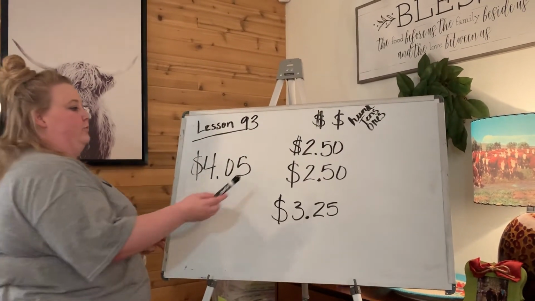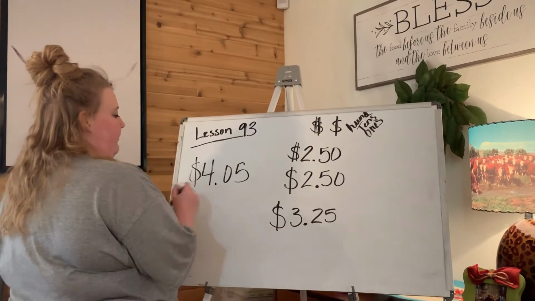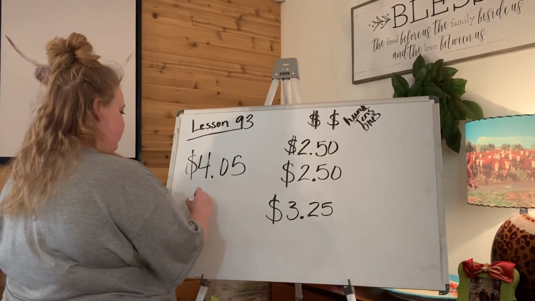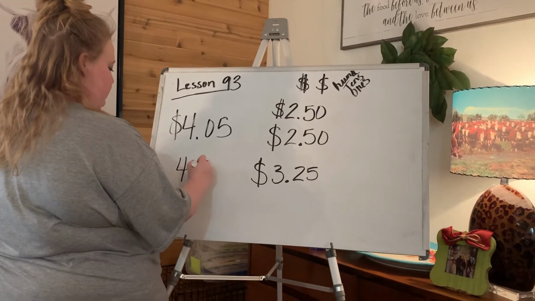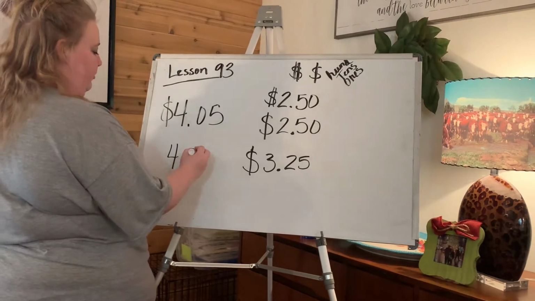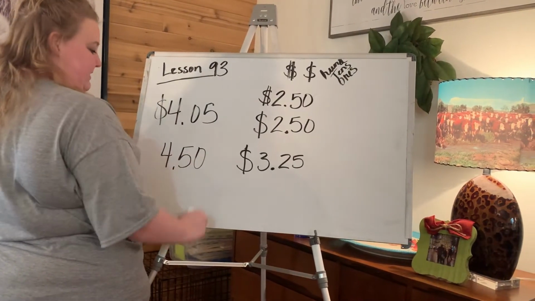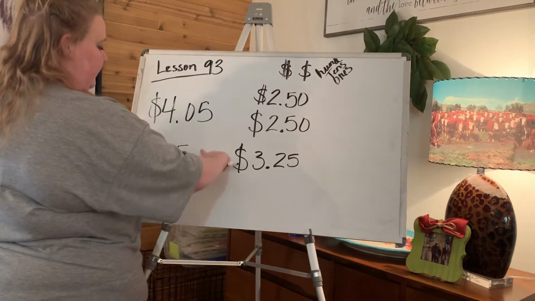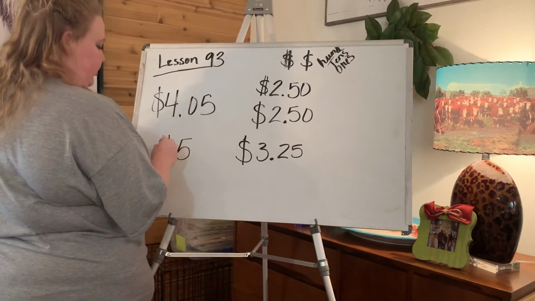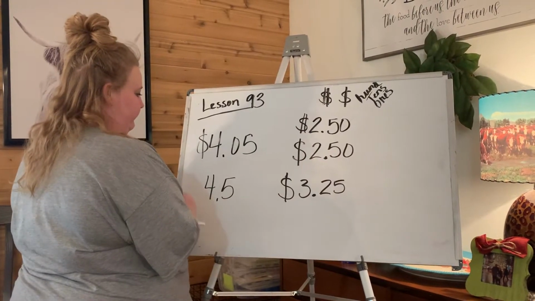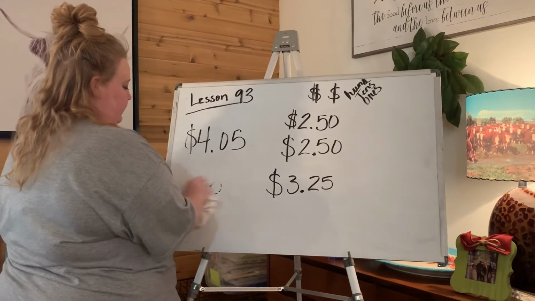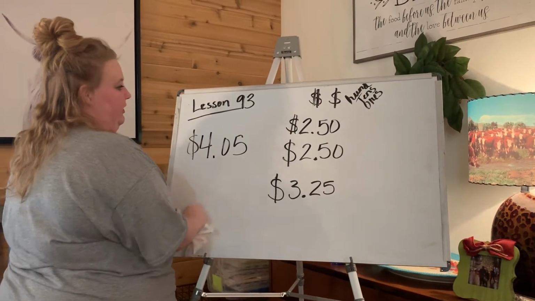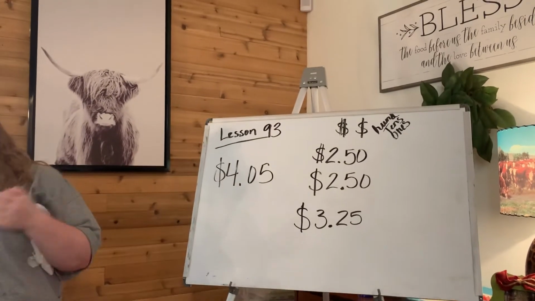It goes back to if we have 5 pennies, if we just wrote it like this, that turns into $4.50. Okay? Because you have to have zeros in the ones, tens, or hundreds place. So you have to pay attention to how you write things, okay, guys?